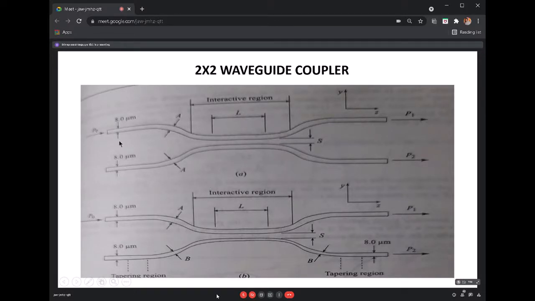Here you can see both are the same. So this is the interactive region. This is the length that we consider. This region will be the entering region.